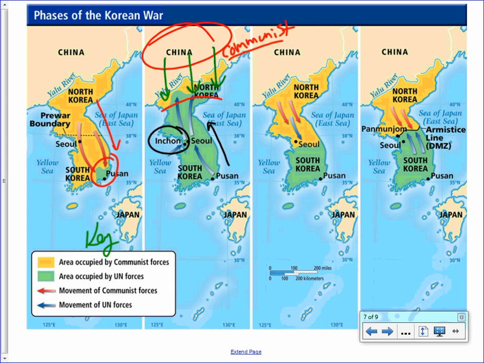So China actually does send troops, and it becomes a really awkward conflict because you don't want the Soviet Union to get involved because at this point they are in the midst of nuclear weapons as well. So now with the help of communist China, the UN troops are going to be pushed back before finally an armistice or a ceasefire.